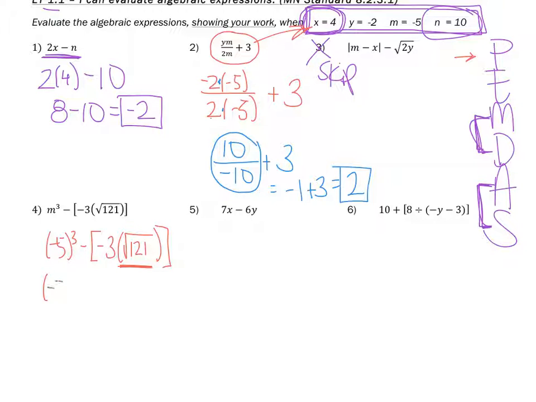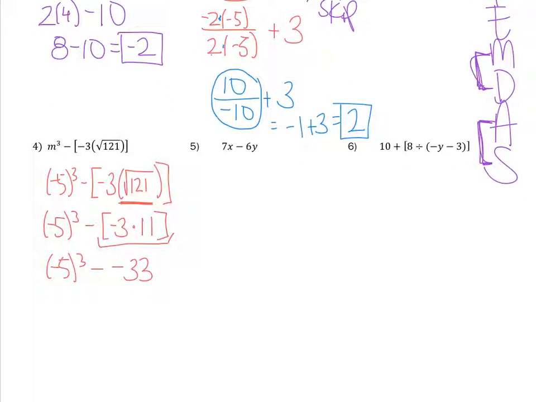I'm going to rewrite my original stuff here just to make sure that I don't forget about it. We have negative 3 times, now square root of 121 is 11. And then we're still going to be working within the parentheses. So now I have my larger parenthesis. It's going to be negative 5 to the third minus a negative 33 with multiplication.